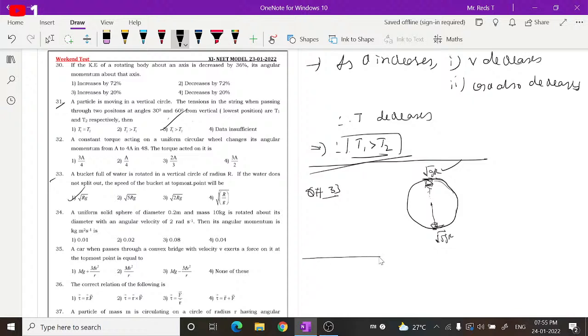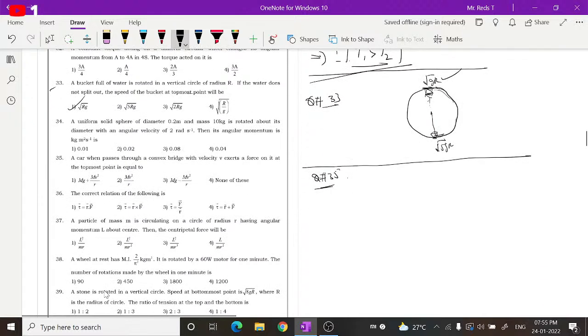Next, question number 35. What is given here? A car, when it passes through a convex bridge with velocity v, exerts a force on it at the topmost point equal to... We have discussed these two kinds of cases: convex surface and concave surface.